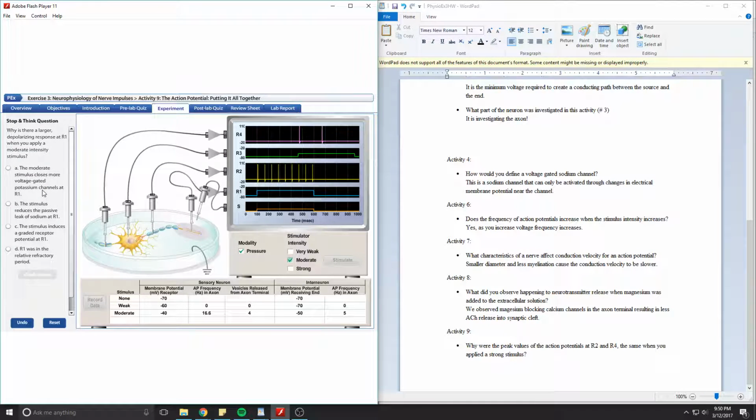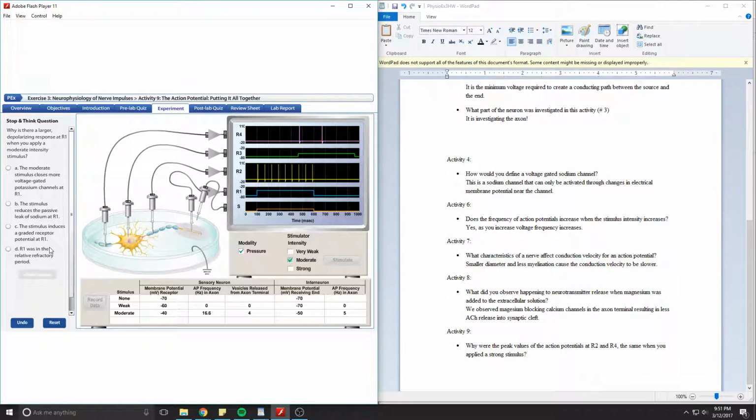Why is there a larger depolarization response? It's probably because it got past the threshold. Why is there a larger depolarization response at R1 when you apply a moderate intense stimulation? The moderate stimulus closes more voltage-gated potassium channels at R1. Stimulus reduces the passive leak of R1.